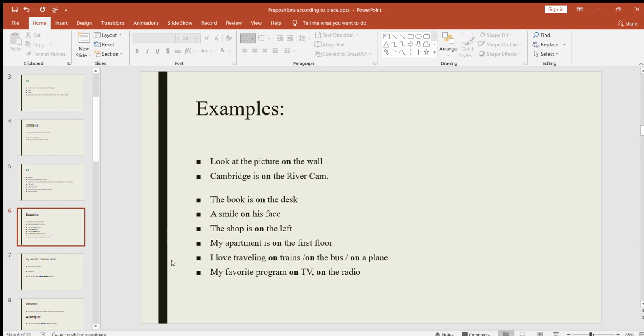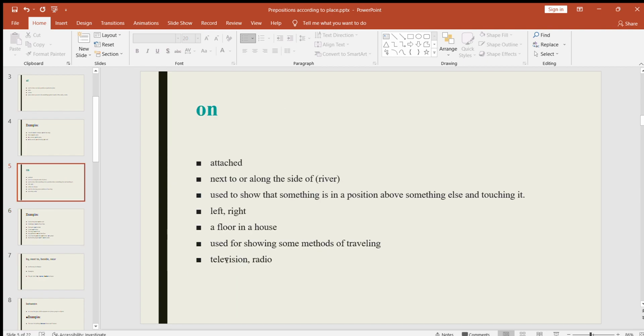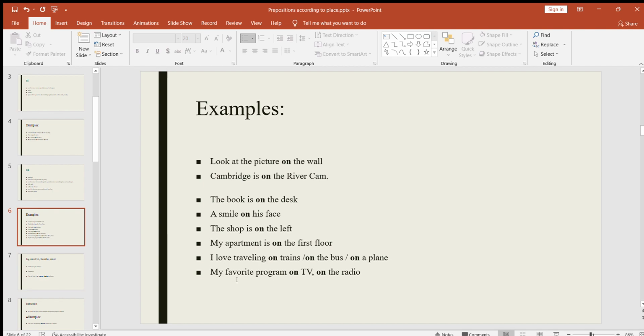Now the last one is for television and radio. For example, my favorite program on TV, my favorite program on the radio. I saw a cricket match on TV yesterday. I saw the interview of Imran Khan on TV yesterday. Now let's move on to the next one.